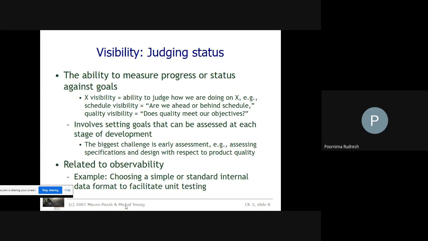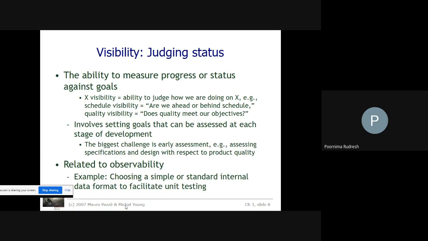For example, X visibility is equal to the ability to judge how we are doing on X. For example, we have considered schedule visibility and quality visibility. And visibility involves setting goals that can be assessed at each stage of development.